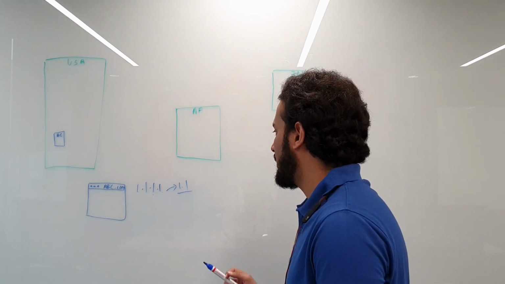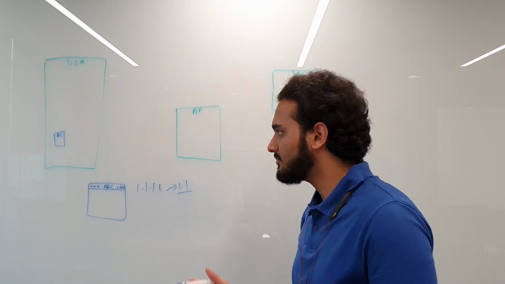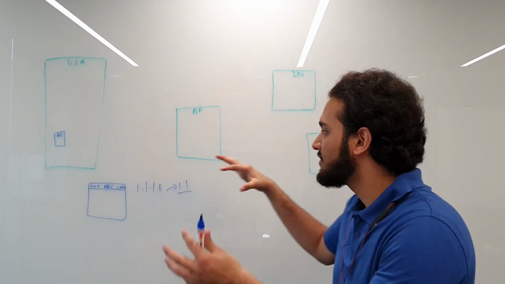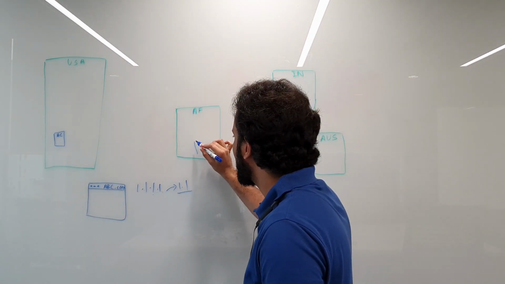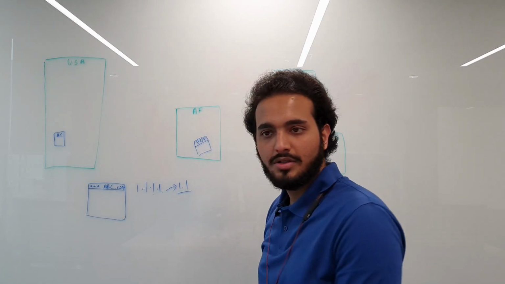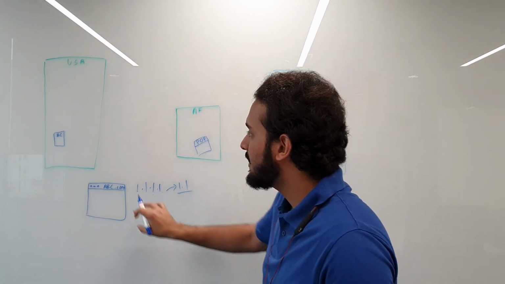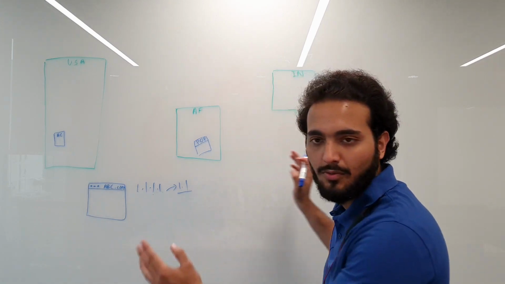Once we have 1.1 associated with abc.com, you do not really require the entire data center to be present in all the regions. What you will require, however, is something called a POP. This stands for point of presence. So basically, we have a point of presence for this website or service across the world.